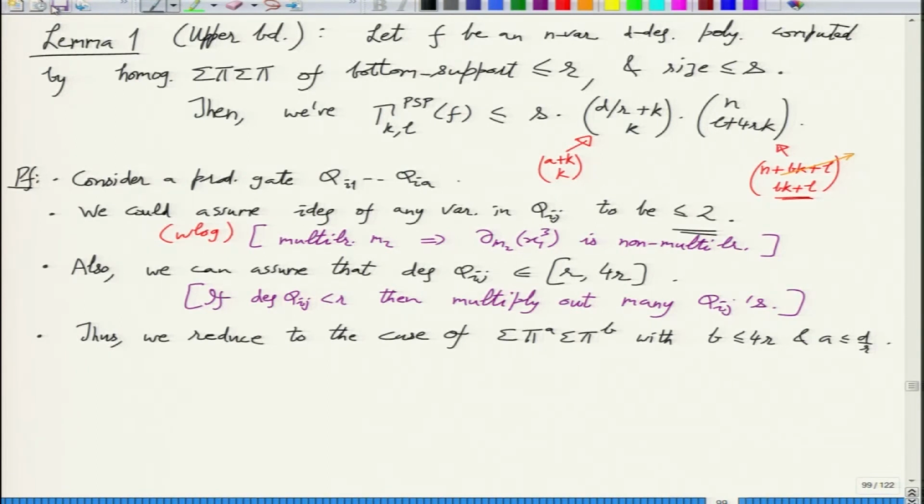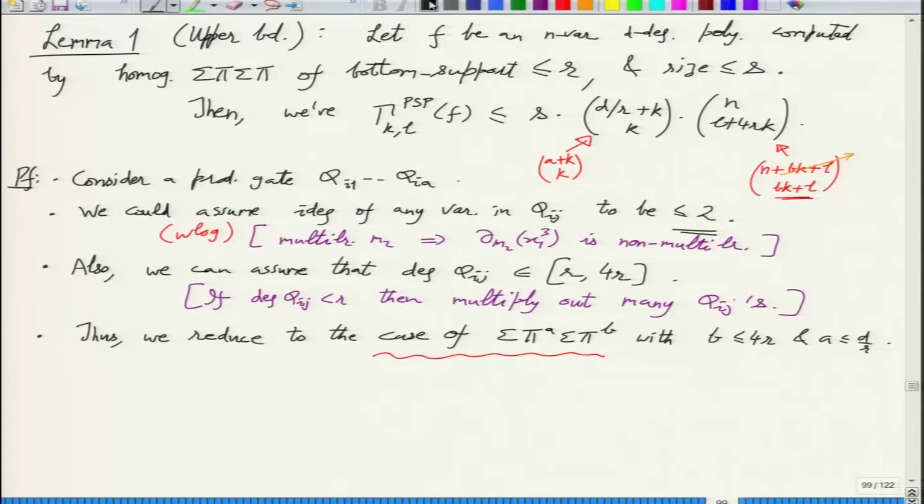So now we are in this R and D by R product fan-in setting, so we can just repeat the proof of the shifted partials upper bound. So in the lemma statement, homogeneous sigma pi A, sigma pi B.